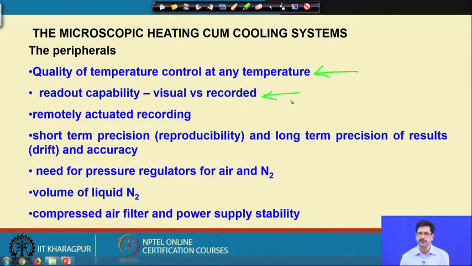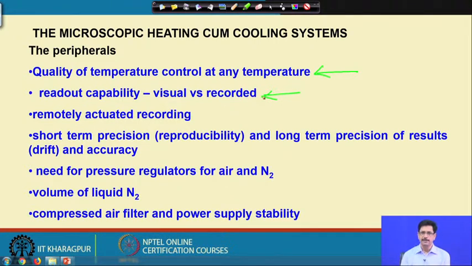We can get a very good image, a very good visual effect of the inclusions which we are studying and taking microthermometric measurements on while observing them under the microscope. There was a time when the phase changes used to be observed through the eyepiece, and then the temperature at which they occurred had to be recorded manually.